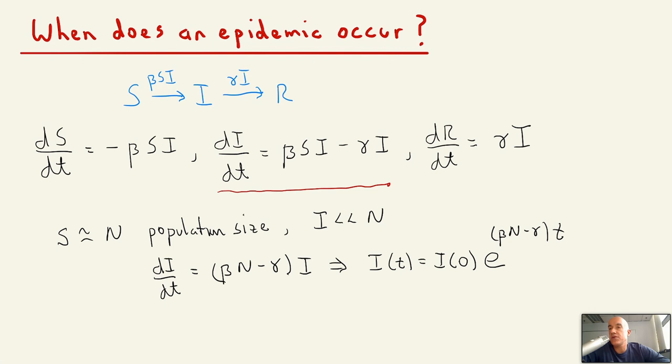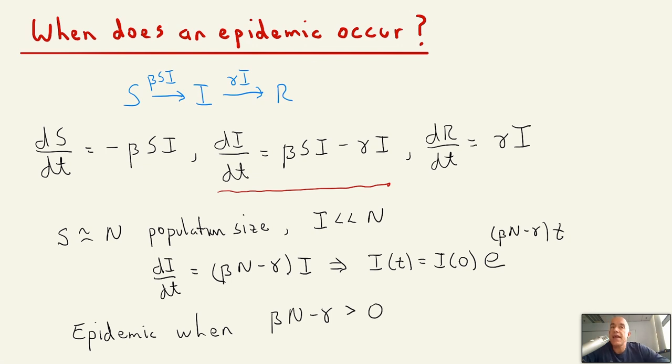Of course, an exponential can be a growing exponential or a decaying exponential. So you get an epidemic when it's a growing exponential. So we get an epidemic when beta N minus gamma is positive, is greater than 0. Okay, beta N minus gamma is greater than 0.